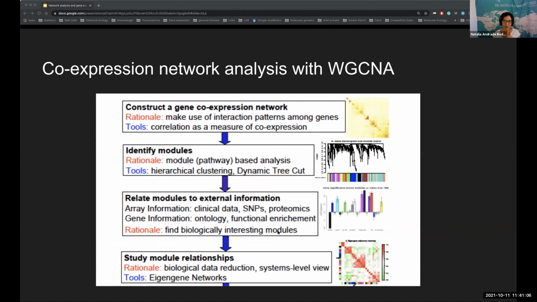Finally, what they explain here is that you have your big data with all your modules. You already know what these genes do, and it sounds simple, but you might end up with hundreds of modules and hundreds of these biological connections. So there are tools in WGCNA that allow you to reduce this amount of information to the most important elements of your network.